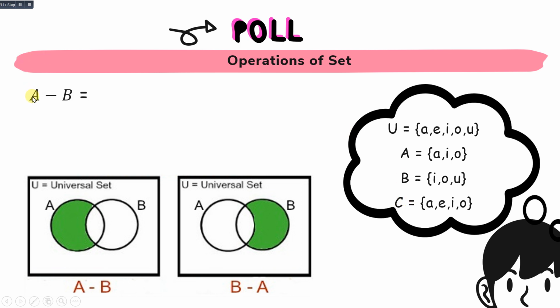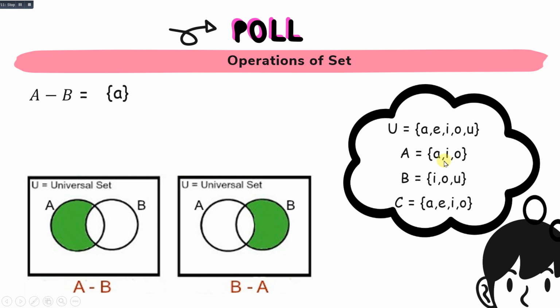To check that, we look at the elements in set A, which are A, I, and O, and the elements in set B, which are I, O, and U. What is common here is I and O. We remove I and O, and what is left is A. That is why the difference of set A and set B is the element A. We are just looking for what is left in the elements.